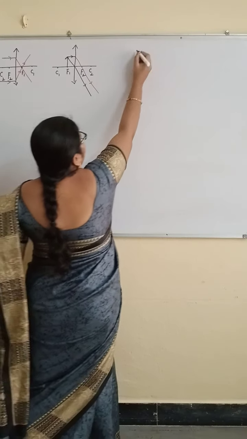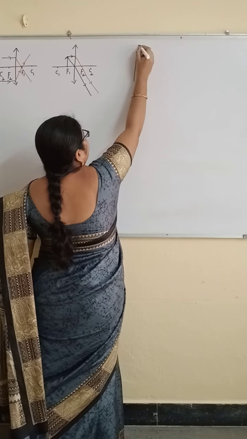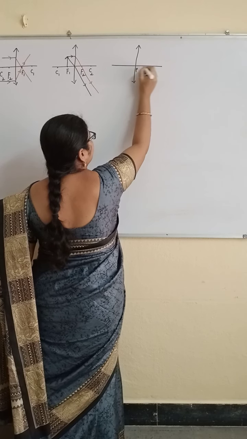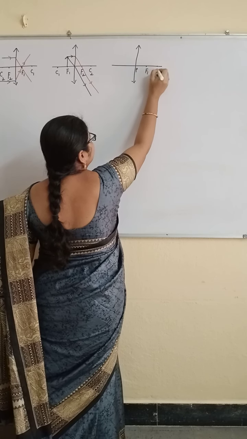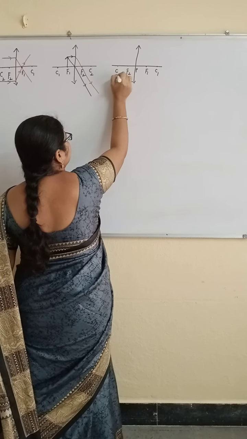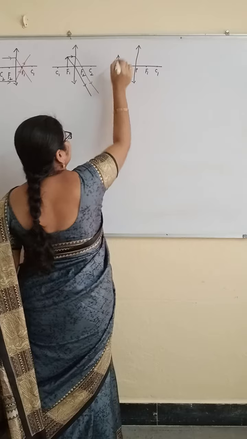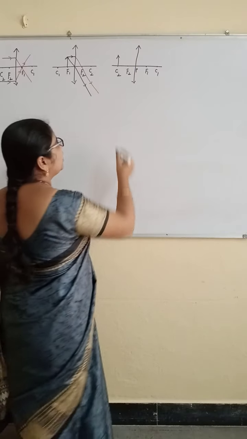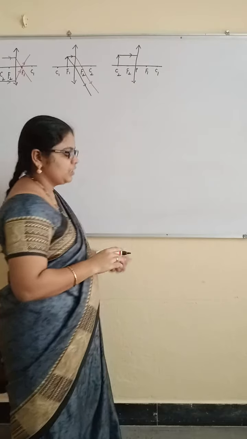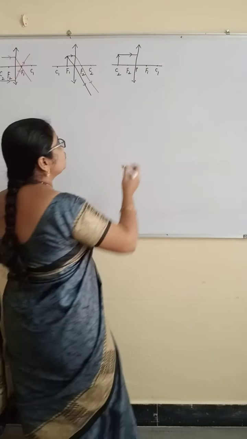Now the object is at the center of curvature. Pole, F1, C1, F2, C2. Now the light ray which is parallel to the principal axis, the refracted ray passes through the focus.